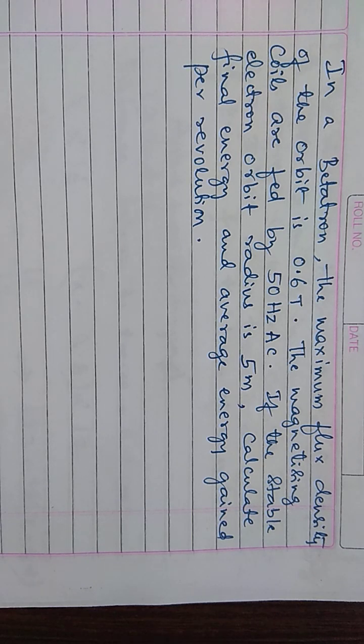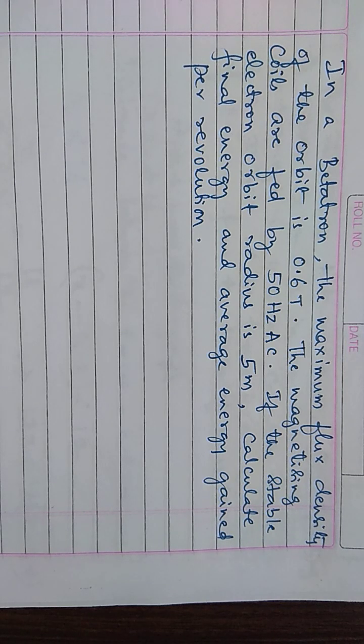The magnetizing coils are fed by 50 Hz AC. If the stable electron orbit radius is 5 meter, calculate the final energy and the average energy gained per revolution.